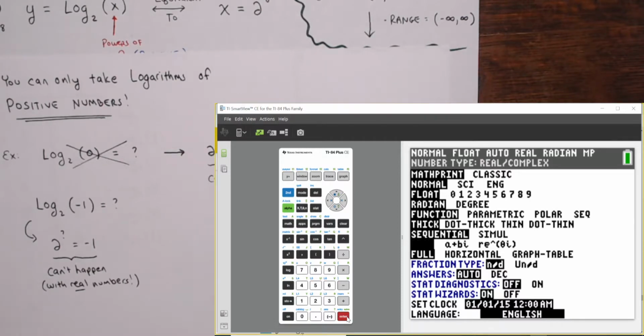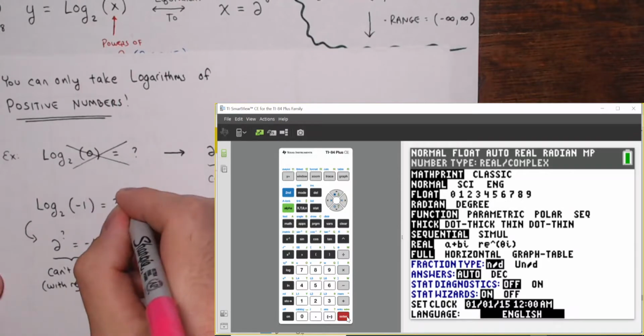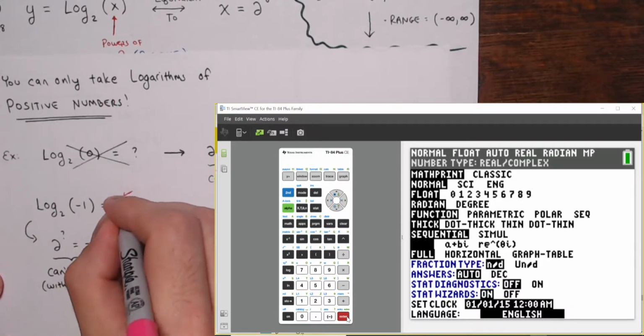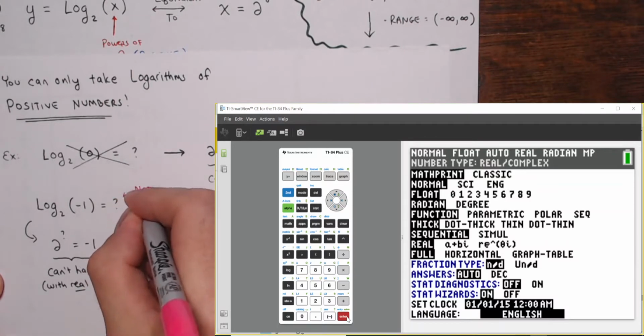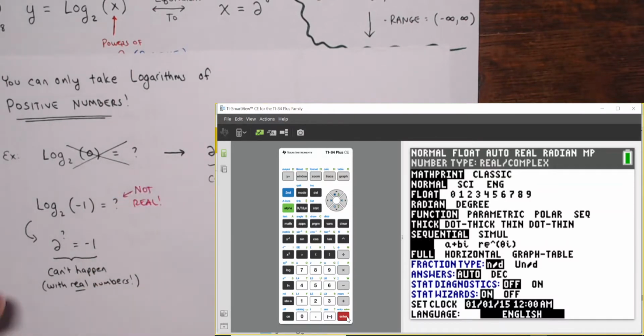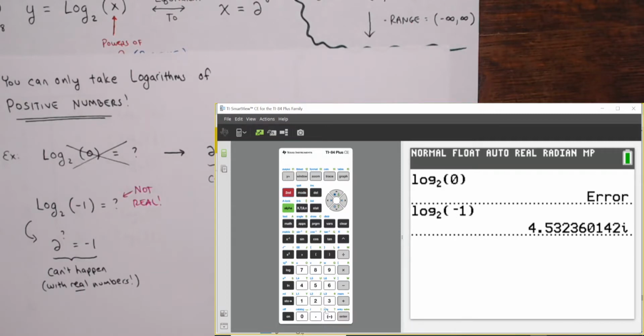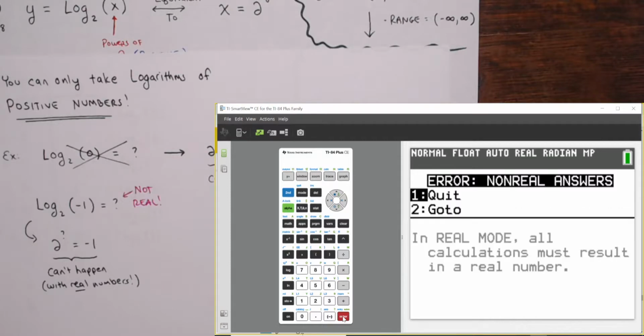So I'll just say, the log of a negative number is not real. It's imaginary, but I'm not going to know how it's imaginary. Just know that the log of a negative number is not real. So now I go back and let's enter the same thing, log base 2 of -1, and it'll come back at me not real.